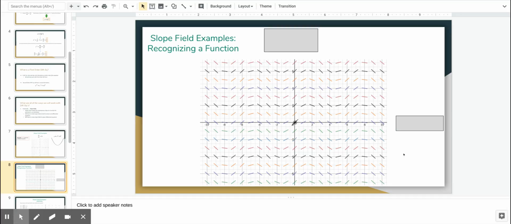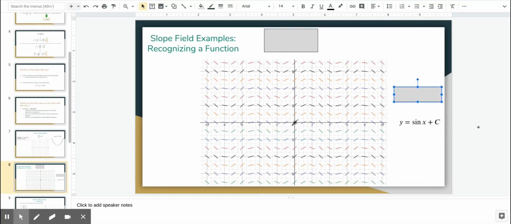Okay, so hopefully you're able to see it. It's definitely one of the more popular functions we use, right? You can start to see this sort of wavy effect that comes out of this slope field. And so the function itself is sine x, okay, plus c.